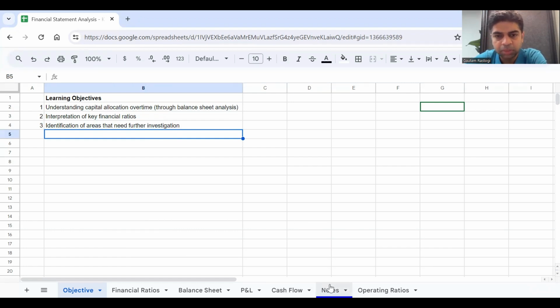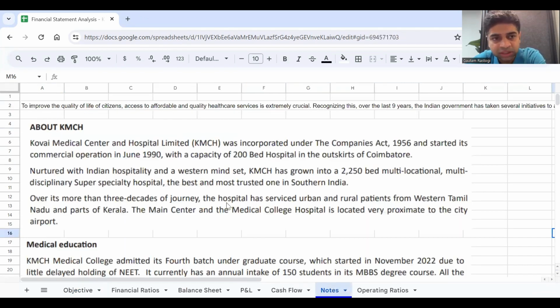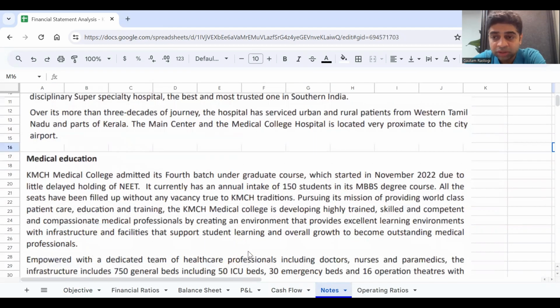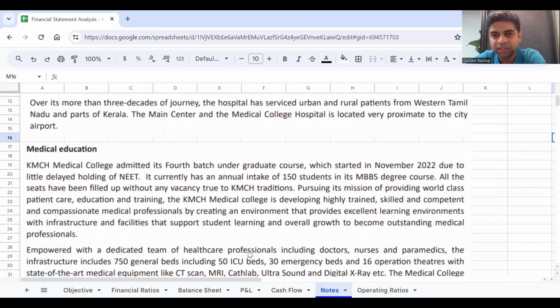First, a little bit about the company. This hospital was started back in 1990 in Coimbatore with 200 bed capacity, and now the capacity has increased 11-fold. They also have satellite centers, I think 4 satellite centers in and around Coimbatore, and a main center based out of Coimbatore. They also started a medical college recently, back in 2020.